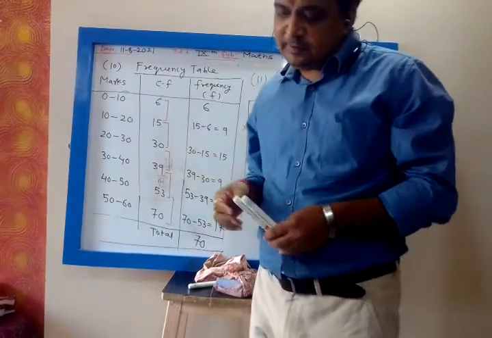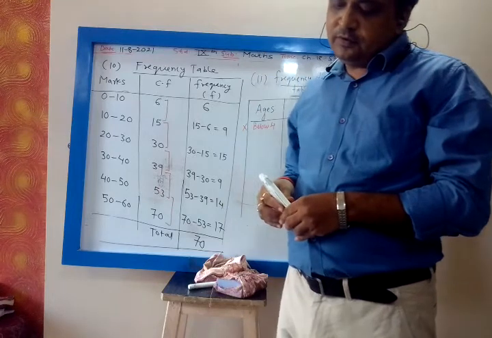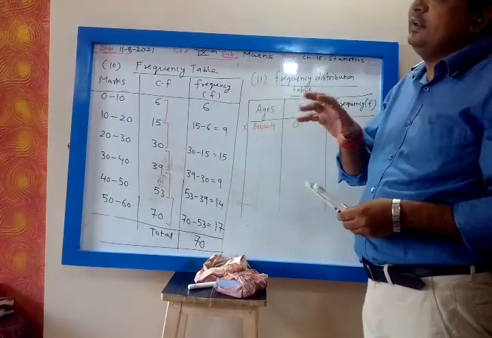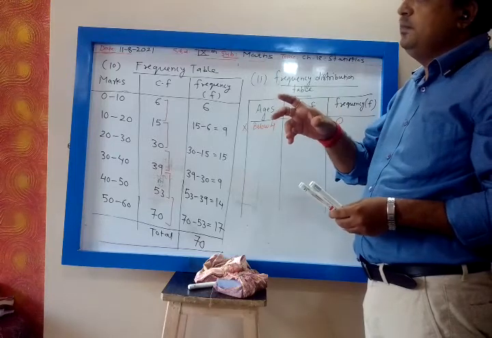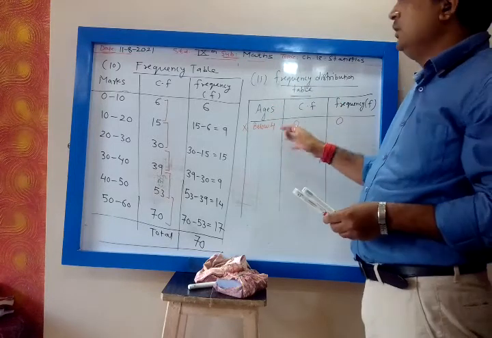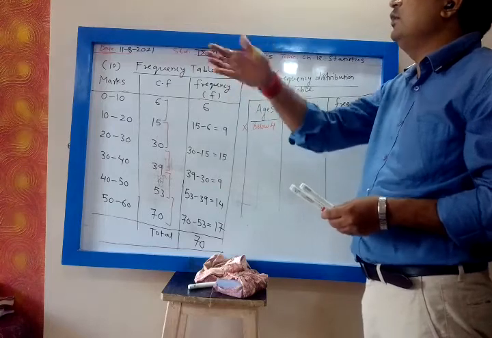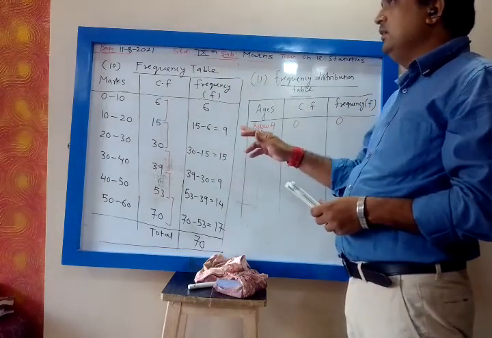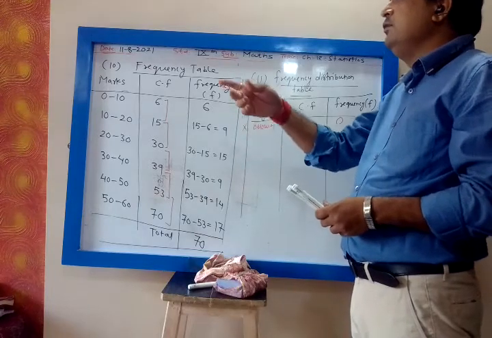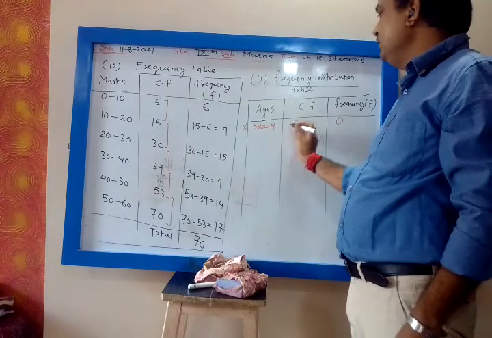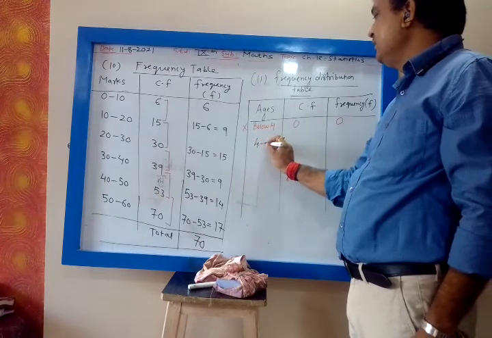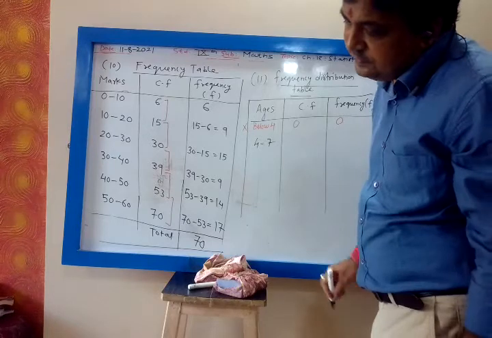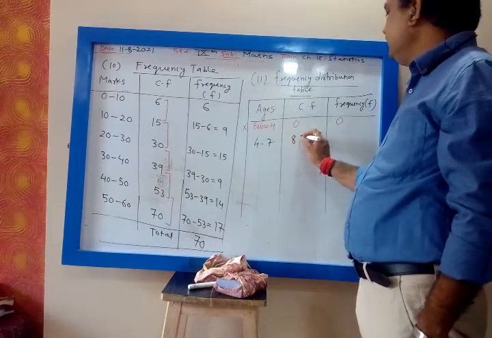Now can you tell me what is next? Below 4, then below 7. Below 4 is 0, so 4 onwards will come. Now it will be 4 to 7, and the CF is 85.